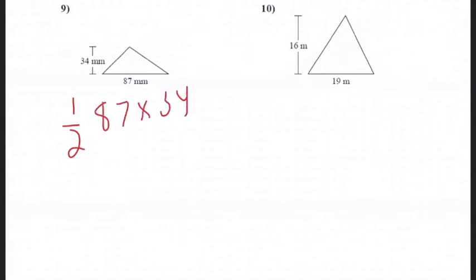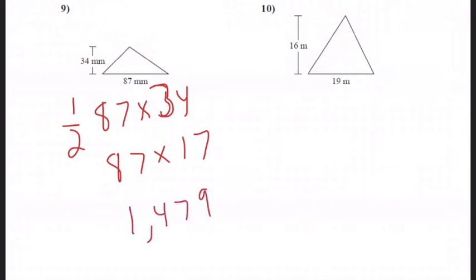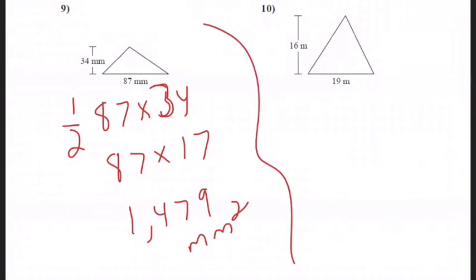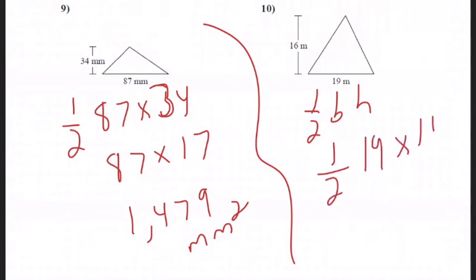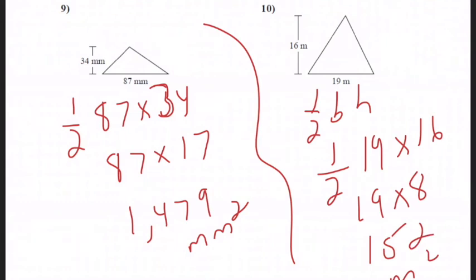I'm going to take half of the height, so it's 87 times 17. 87 times 17 is 1,479 millimeters squared. Number 10, it's 1/2 base times height. So 1/2 of 19 times 16. Take half of 16, so it'll be 19 times 8. 19 times 8 is 152 meters squared.